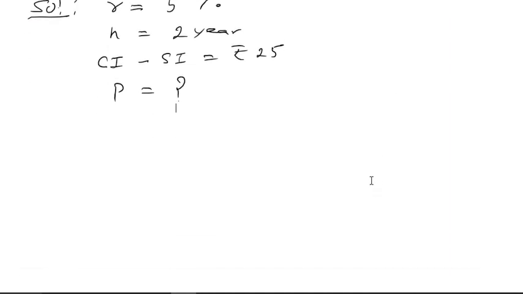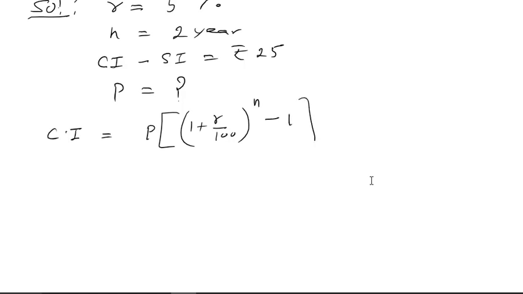Now if we see the formula for compound interest for 2 years, the formula will be P into 1 plus R upon 100 the whole power N minus 1. This is the formula for compound interest. So in our case this will become P into 1 plus 5 upon 100 whole power 2 minus 1.